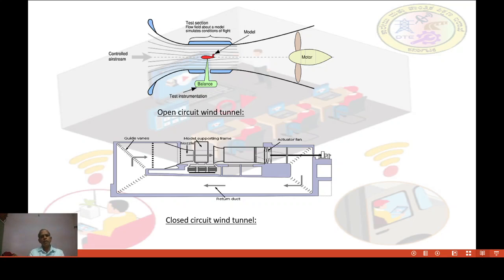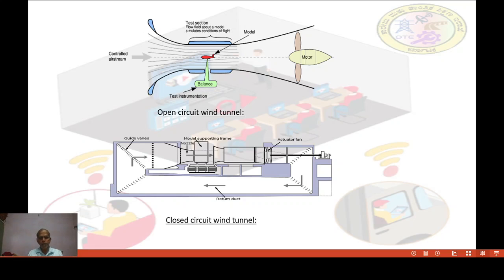Next type, open circuit wind tunnels. Very clear in the figure, both the openings, meaning inlet as well as outlet, are to the atmosphere only. No circulation of the air here.